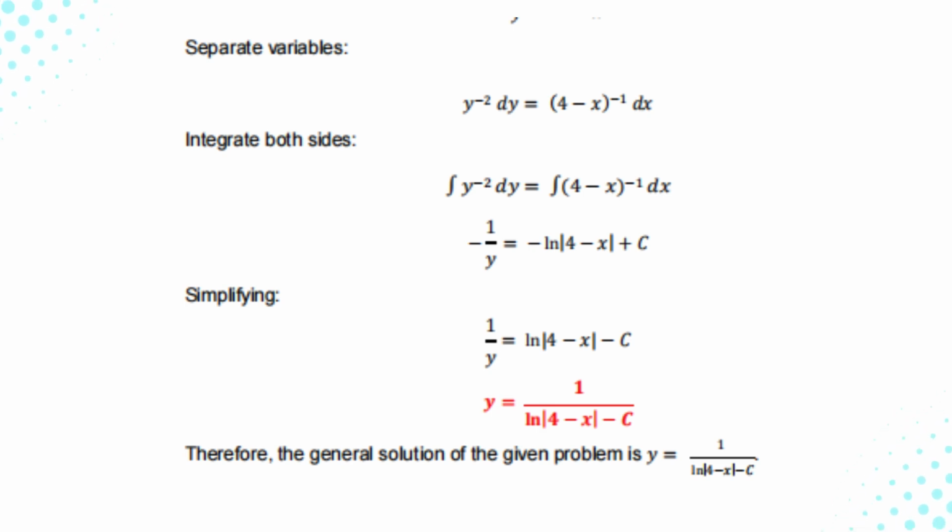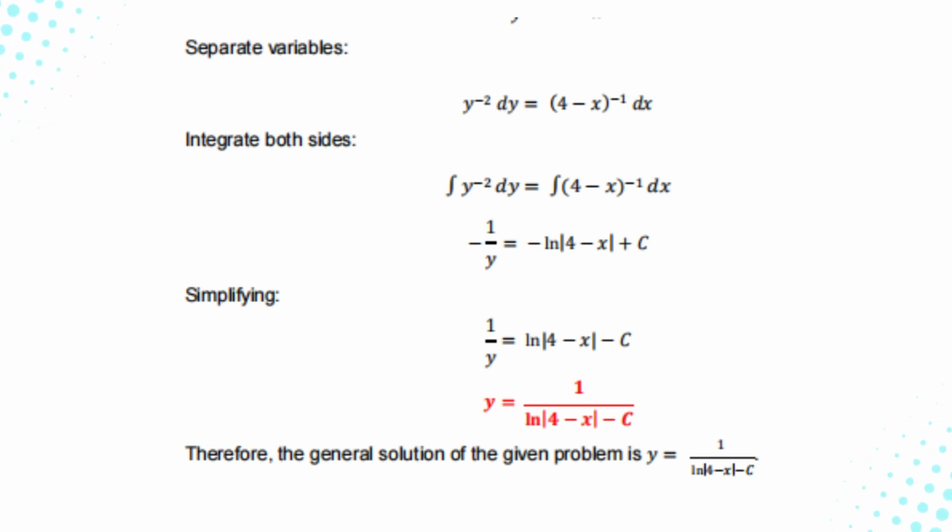y to the negative 2 dy equals (4 minus x) to the negative 1 dx. We've already separated variables, y terms with dy on the left, x terms with dx on the right. Integral of y to the negative 2 dy equals the integral of (4 minus x) to the negative 1 dx.